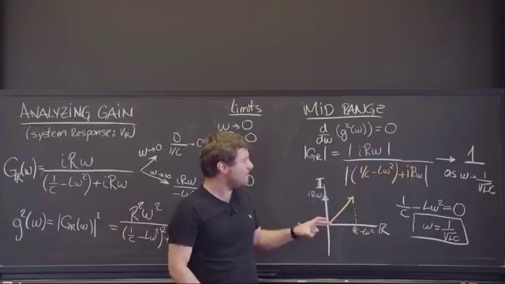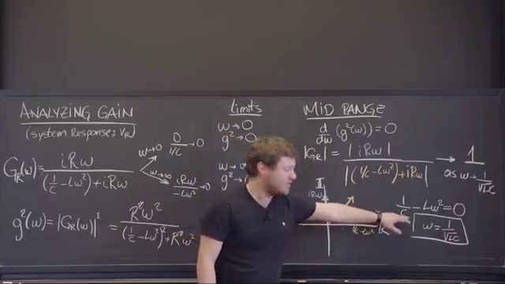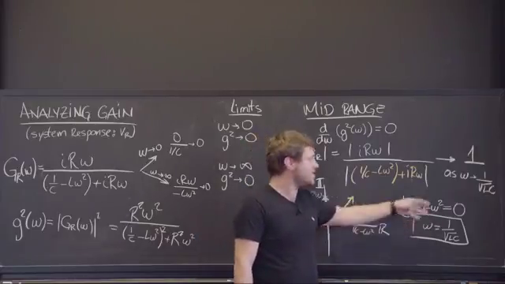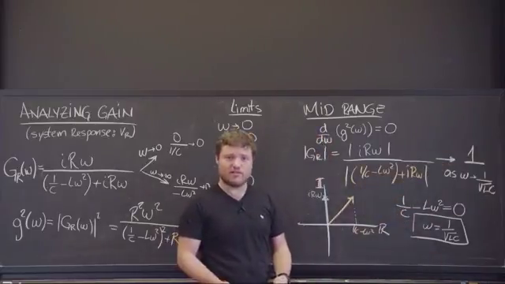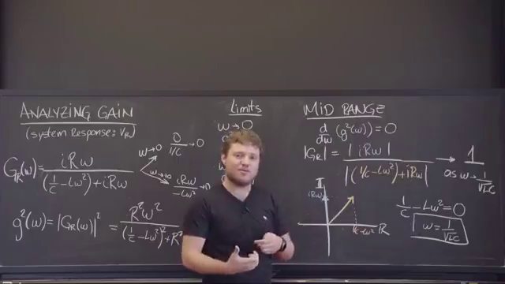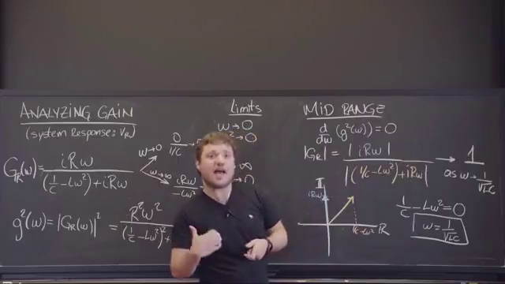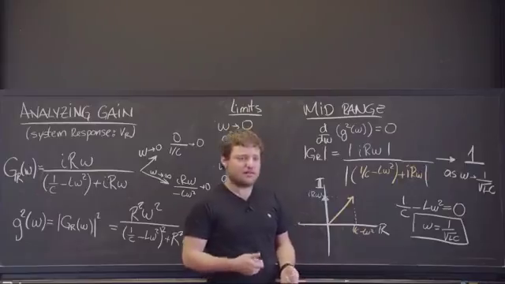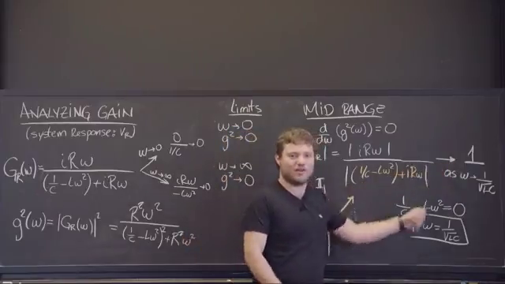So we have found not only the frequency where the maximum happens, but that the maximal value that the gain takes is 1. That is, the amplitude of the output is at most the same as the amplitude of the input. That's why we have a 1 over here.